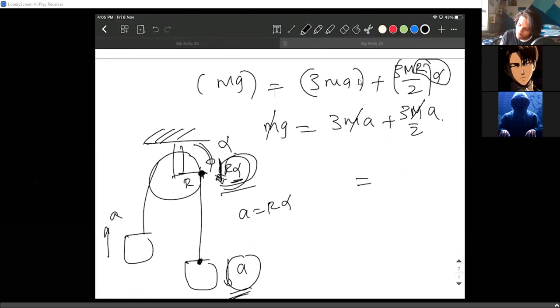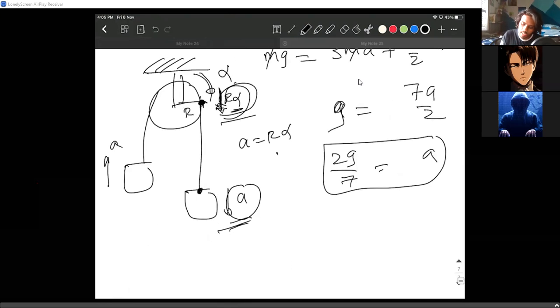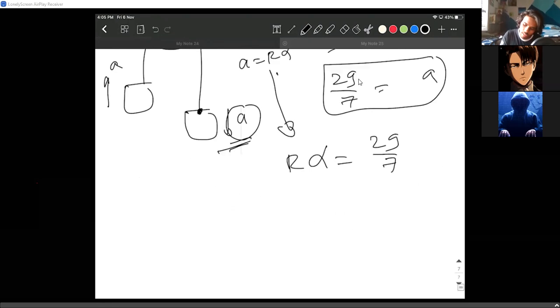This is nothing but 7A by 2 equal to g, so A equals 2g by 7. Once you have A, you can write alpha also. R alpha equals A, which is 2g by 7, so alpha equals 2g by 7R.